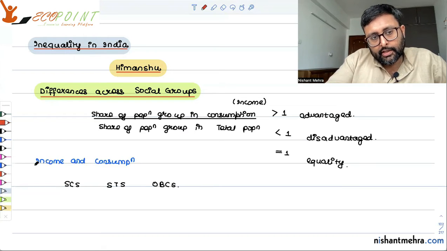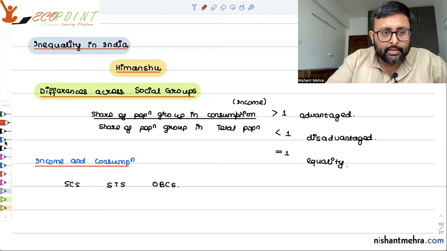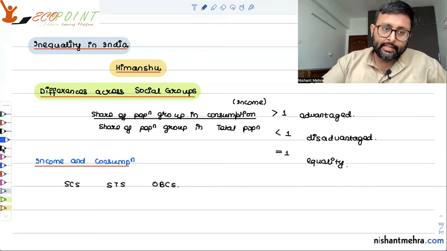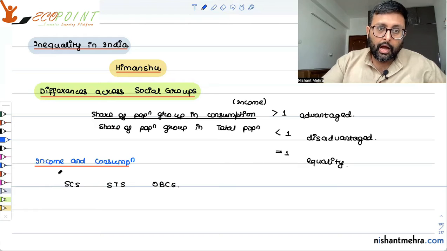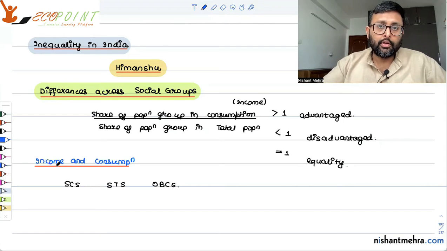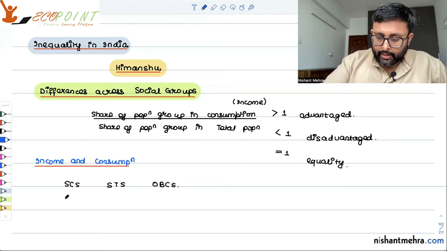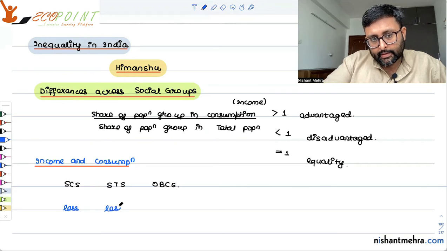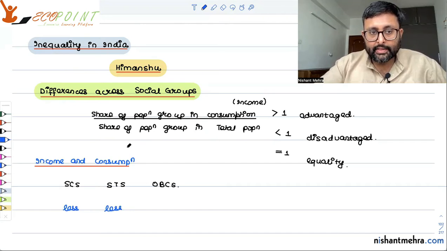As far as the share of SCs in income upon the share of their population group in total population is concerned, that share is falling. So the share of SCs in the total consumption upon the share of their population group in the total population is less. What I'm trying to say is that for SCs and STs, this numerator is less than the denominator.